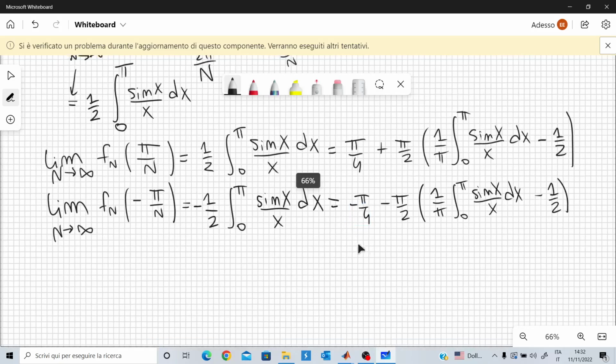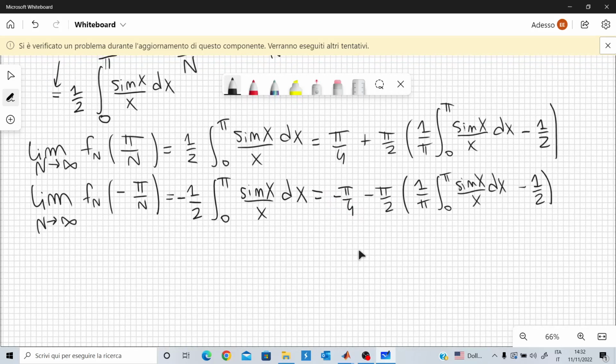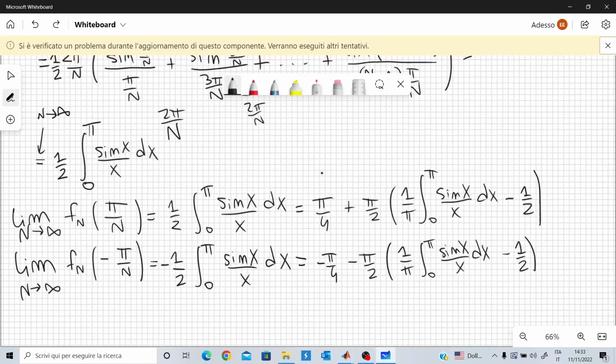And this is quite important because you can see that when n goes to infinity, the Fourier series, now we can talk about Fourier series because if n goes to infinity, this will be a series, and this argument will approach 0 plus, so 0 from the right. This will be equal to pi over 4, and pi over 4 is simply equal to f of 0 plus.